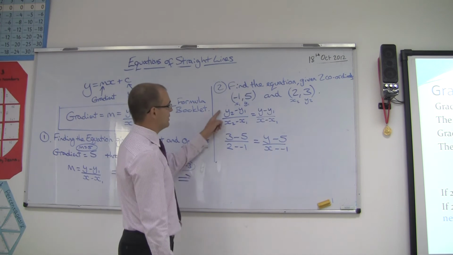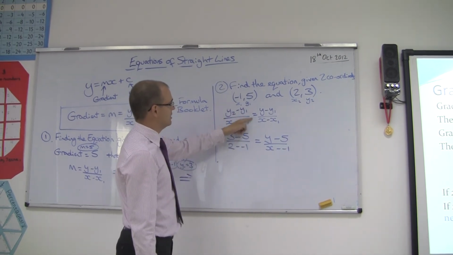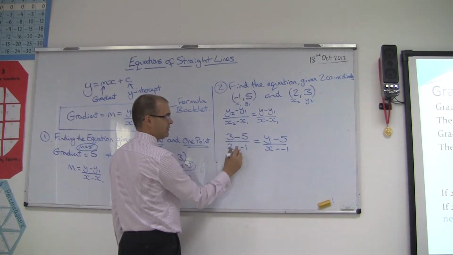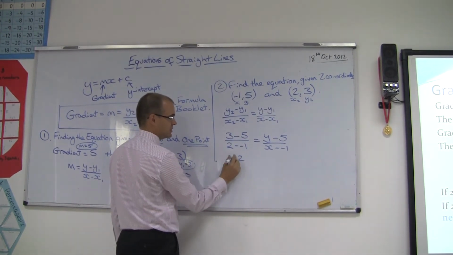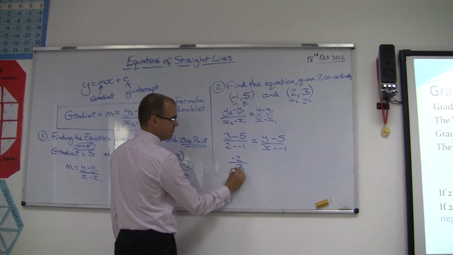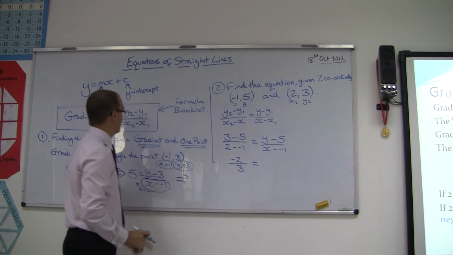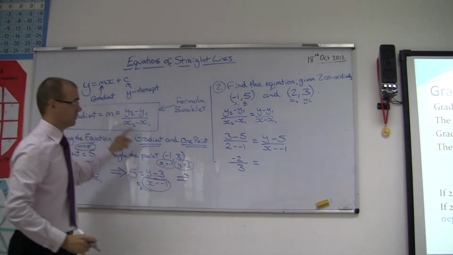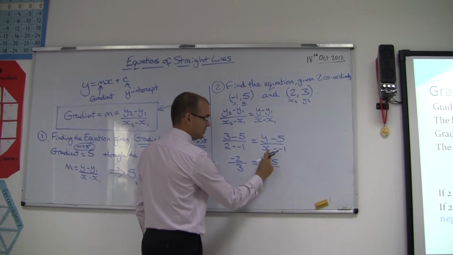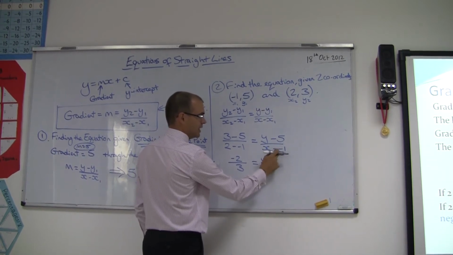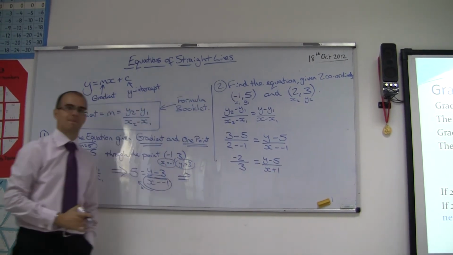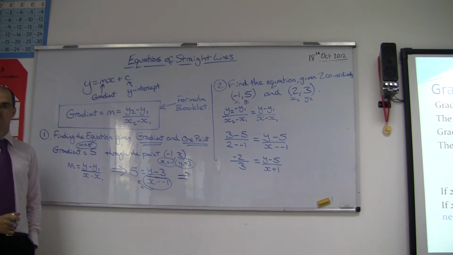Now, because this bit is equal to m, when I solve this I'm actually going to be working out the gradient. 3 minus 5 gives me minus 2. 2 minus minus 1, double negative means I add, to give me 3. So my gradient has been worked out for me: minus 2/3. Y minus 5, can't simplify that at all. X, double negative with the 1, becomes x plus 1. Happy so far?